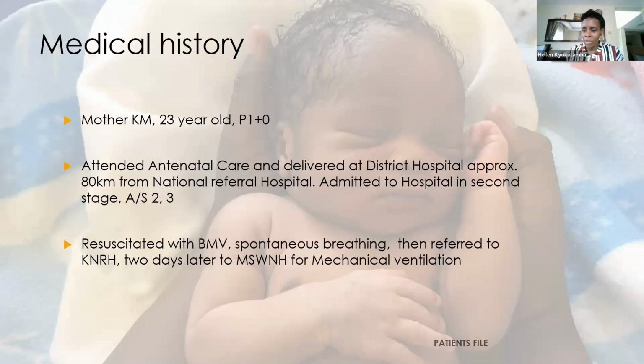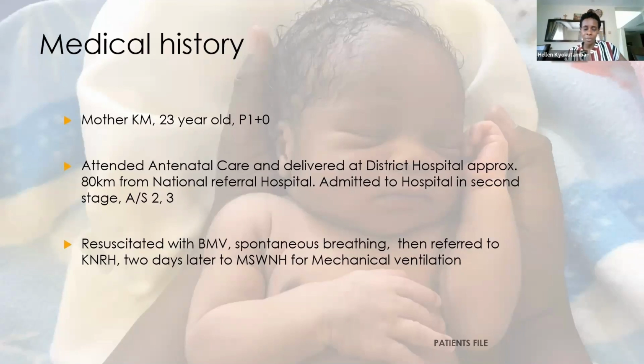Kawempe National Referral Hospital is the other national referral hospital apart from Mulago Specialized Women and Neonatal Hospital that we have, and they are located close to each other within the city. So this baby was first referred from a district hospital, about 80 kilometers away from the city center, and came to Kawempe National Referral.